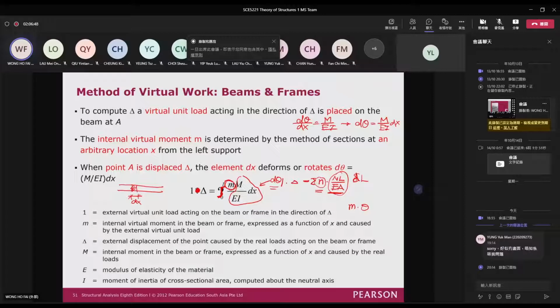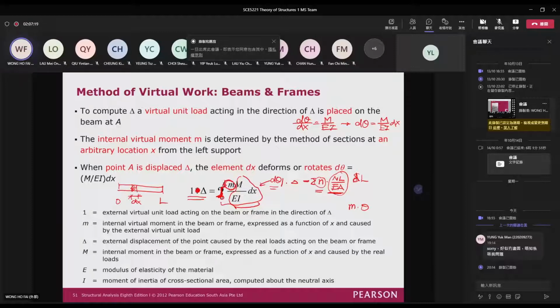If you want to find the strain energy within the whole beam, say this is 0 and this is L, then we need to add all the elements within the bar. So we will have an integration from 0 up to L. This is the external work done, and this is the strain energy. So it is m times d theta, and then we have our integration.